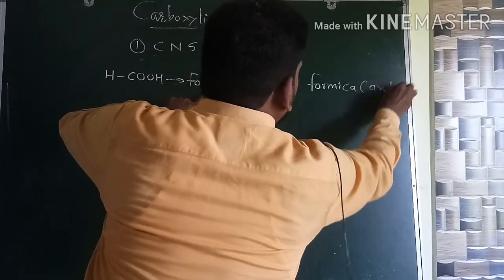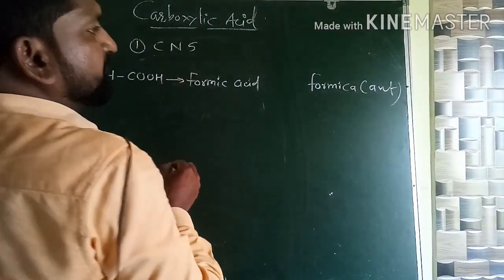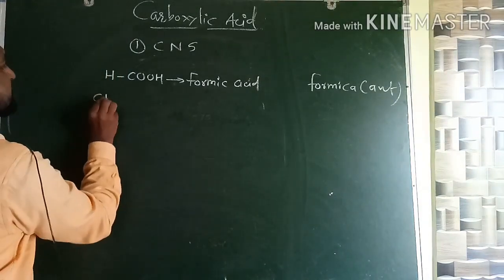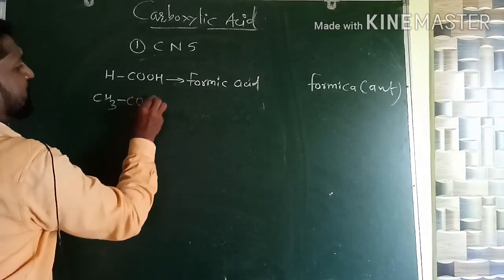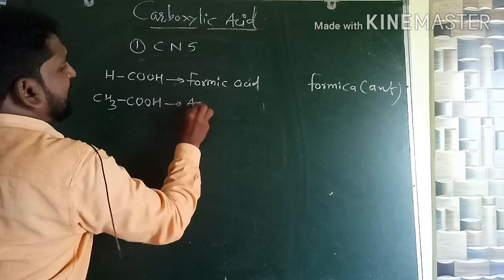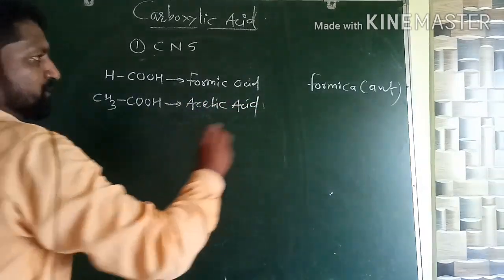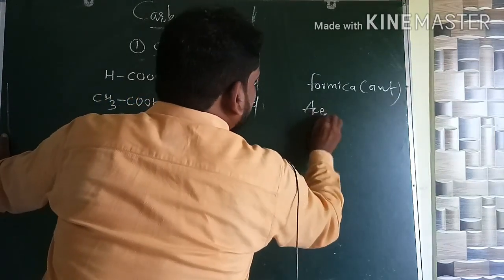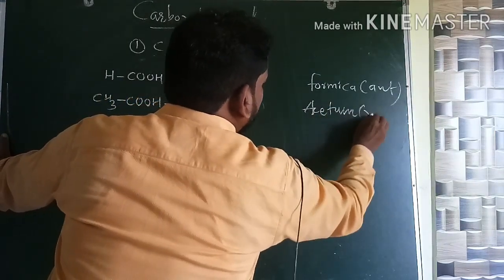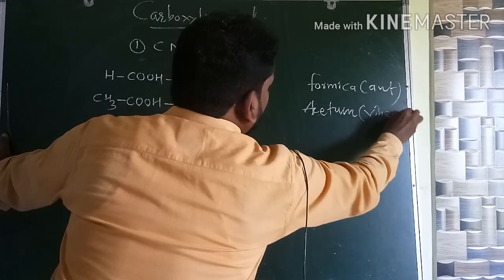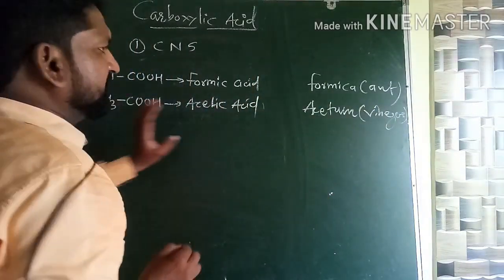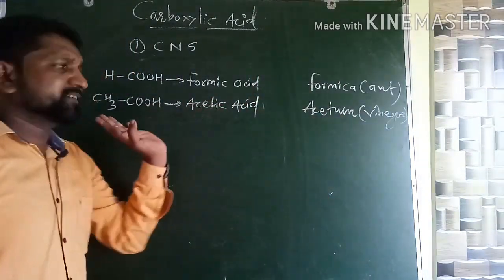Therefore its name is considered formic acid. After that, CH3COOH. It is acetic acid. The source of this acid is nothing but vinegar, acetum. Very important. In vinegar we generally find acetic acid.